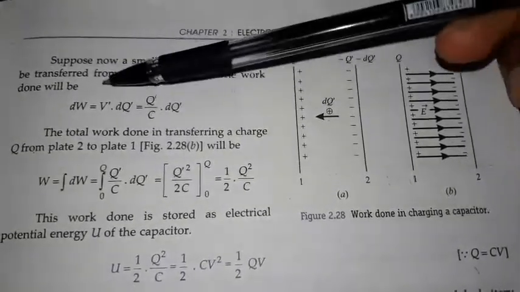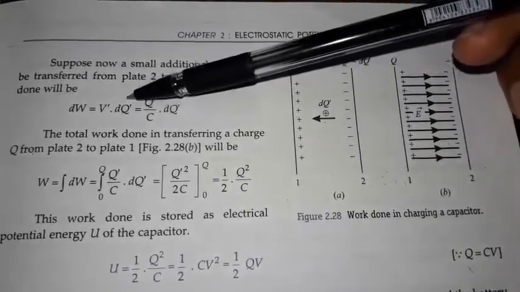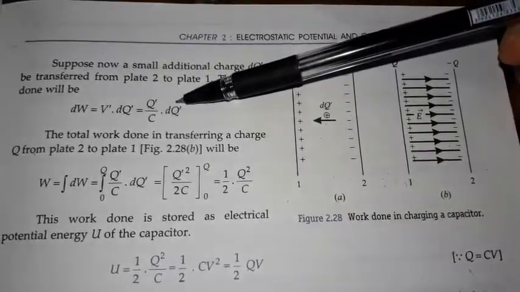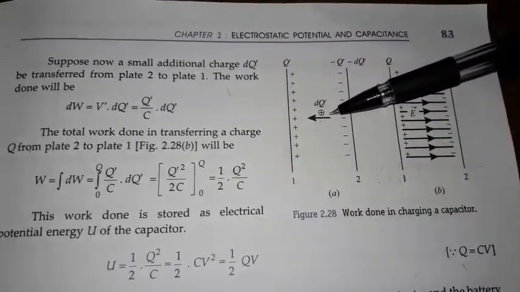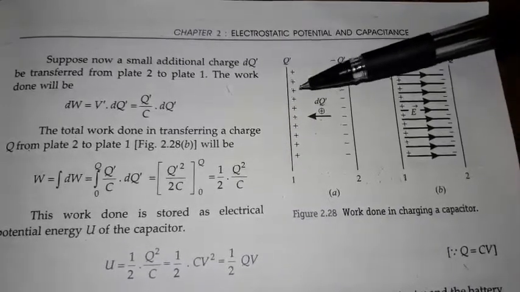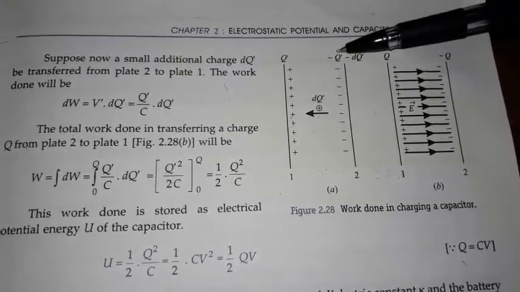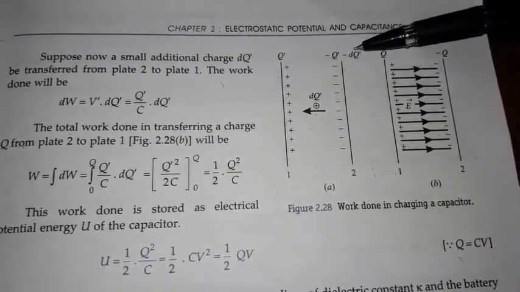The work done will be dW equals V' dq' equals q' by C dq'. Here we see a small amount of positive charge dq' is transferred from metal plate 2 to metal plate 1. So the charge on metal plate 2 will be minus q' minus dq'.